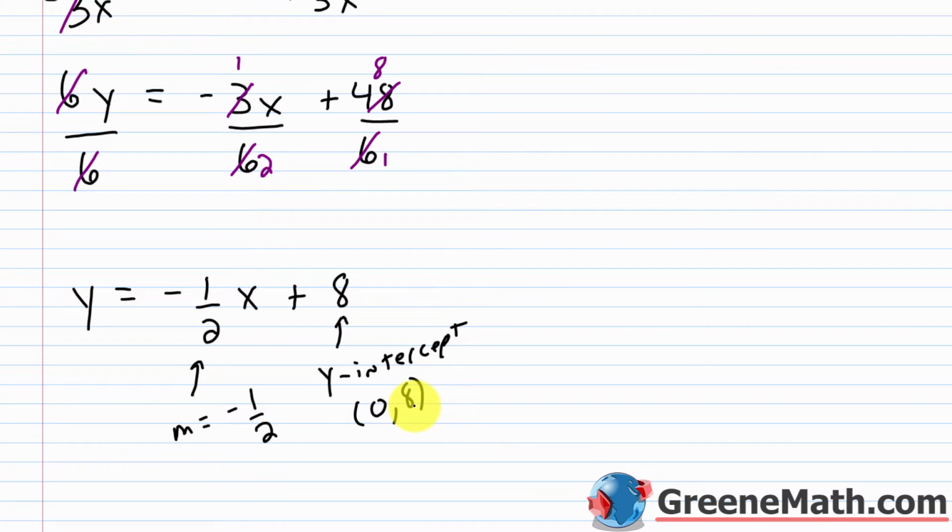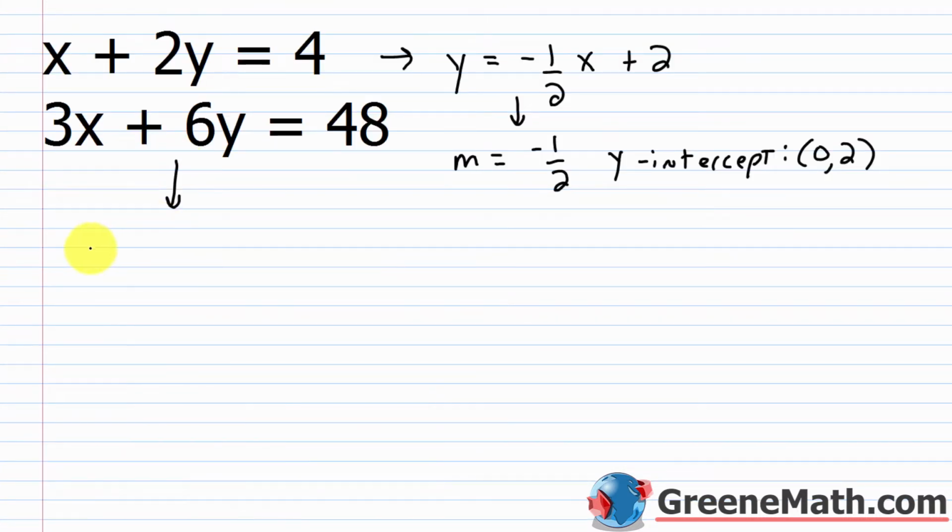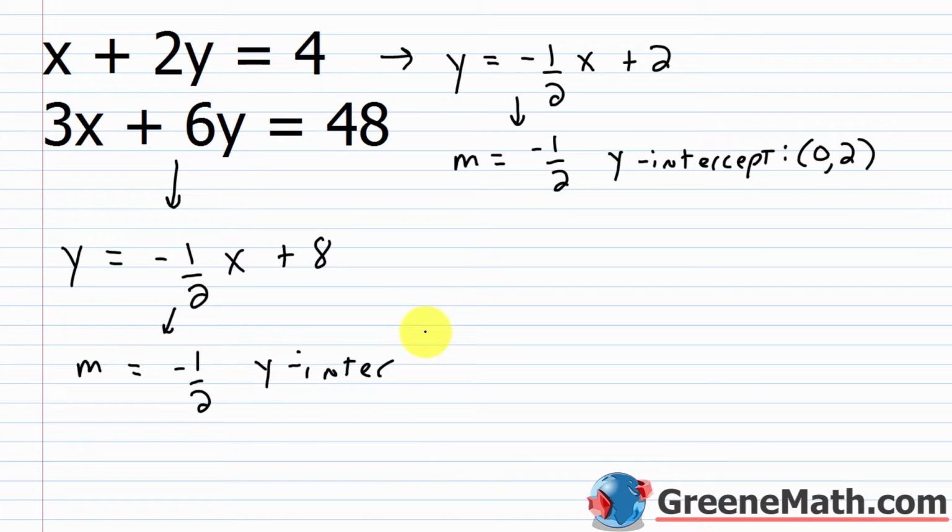Okay, so let's erase this and go back up. So for this line, again, in slope-intercept form, it's y equals negative 1/2 x plus 8. And again, m in this situation is also negative 1/2. And then the y-intercept is going to occur at 0, 8.